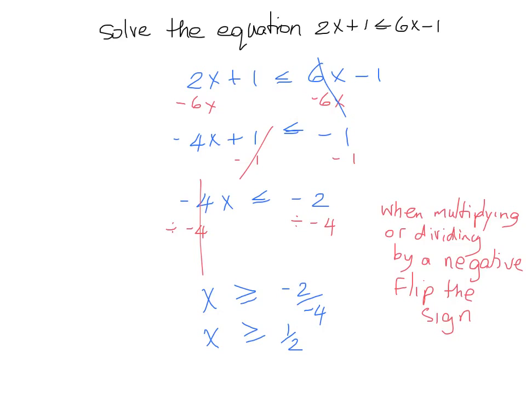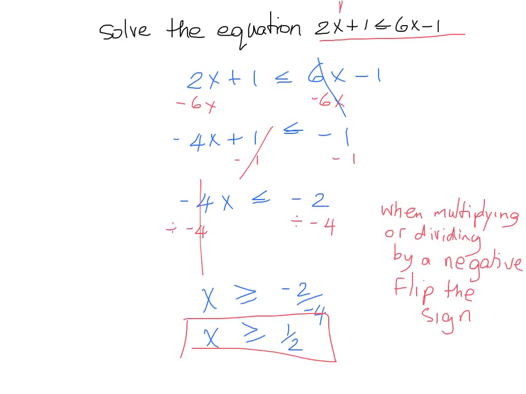You can go back to the very original inequality that we had and try plugging in a number that is greater than or equal to a half. I choose 1 because 1 is pretty easy to work with.